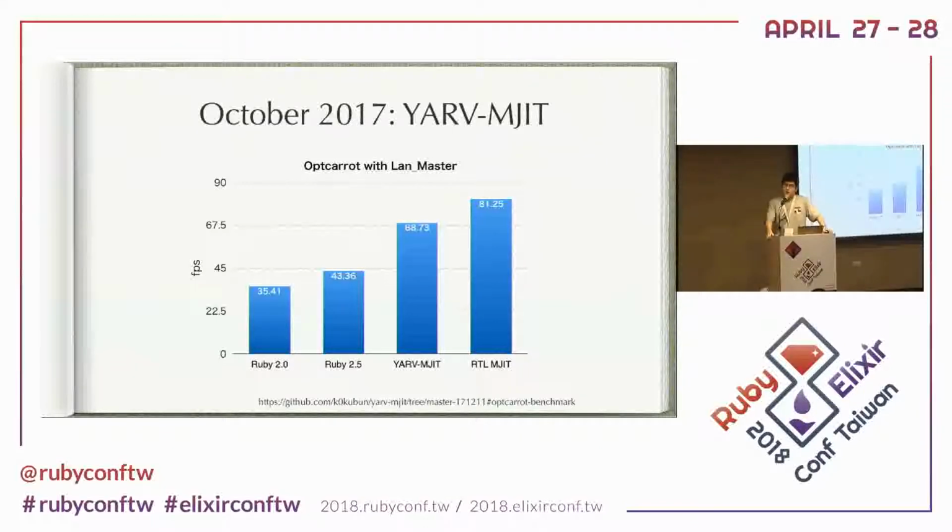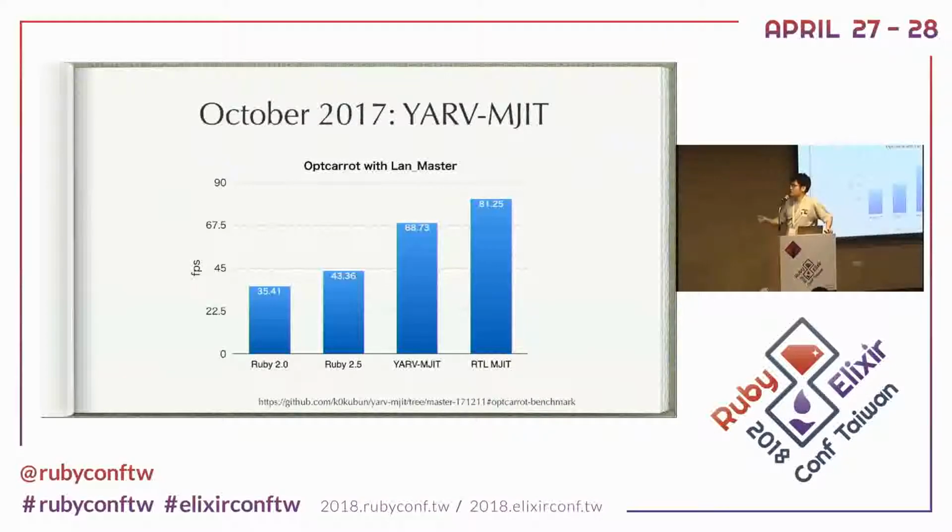So even after the JIT compiler is released in Ruby 2.6, you can have 100% compatibility if you disable the JIT compiler. And as you can see from this graph, YARV-MJIT was a little slower than the original MJIT based on RTL, because I didn't touch the VM instructions.